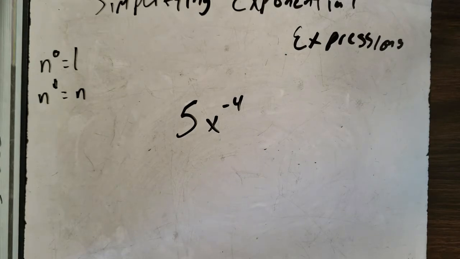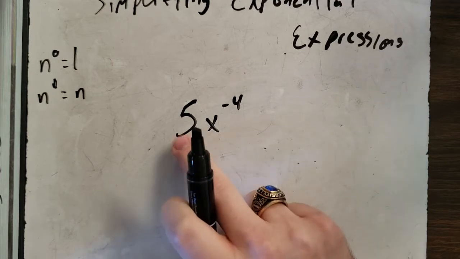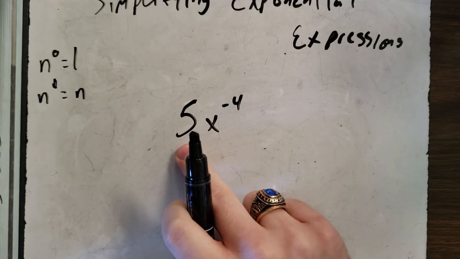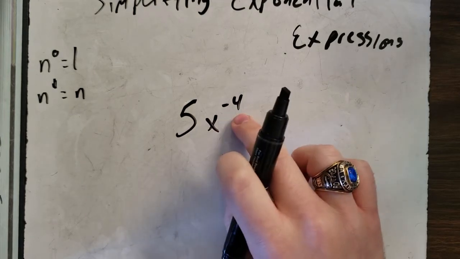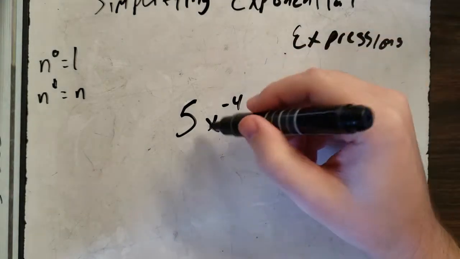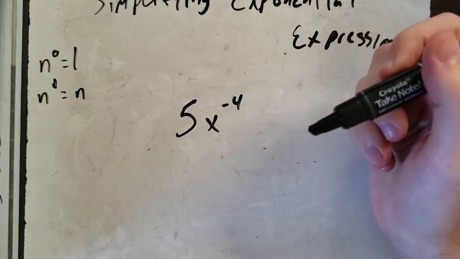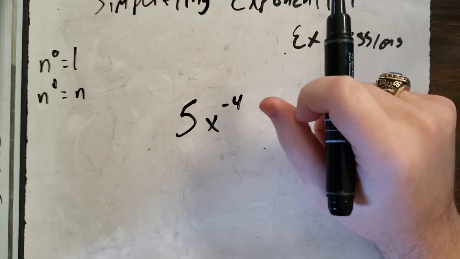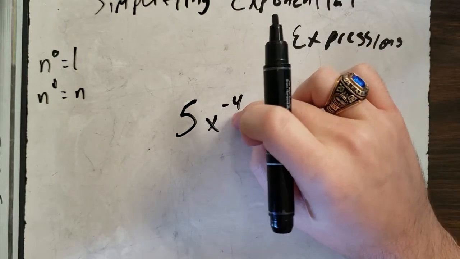Now you have to split it up into different pieces. We have a number here, and then we have a letter to a negative exponent. Our 5 doesn't have an exponent, so it stays the way it is, but our x does. It has a negative 4.